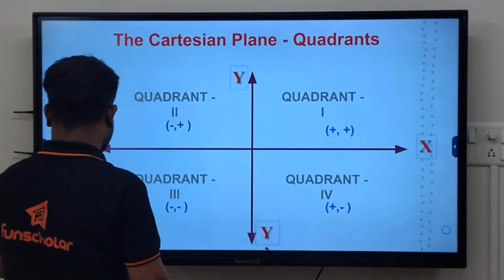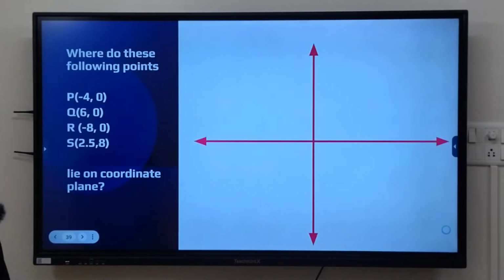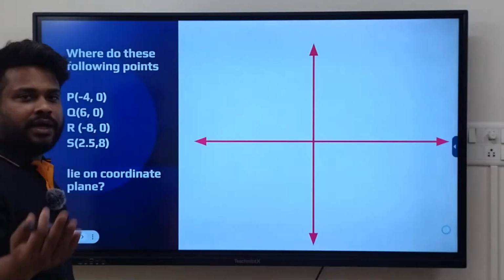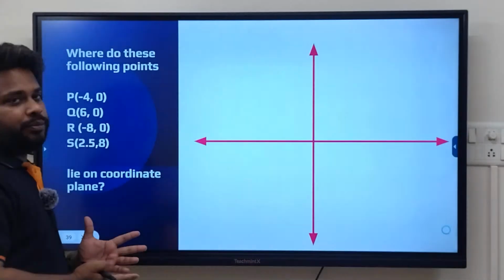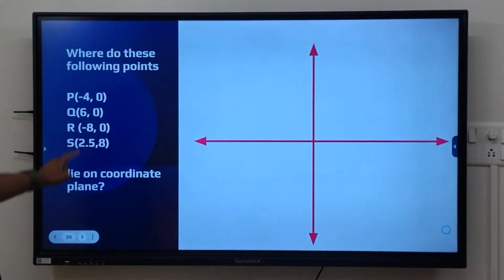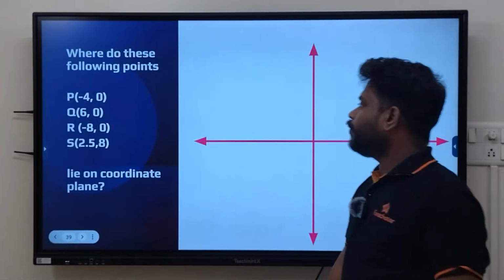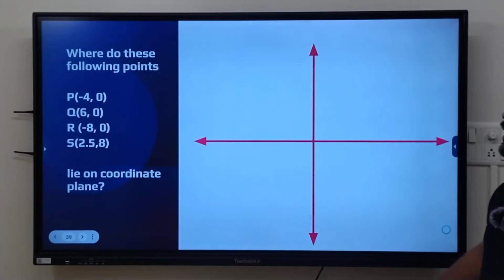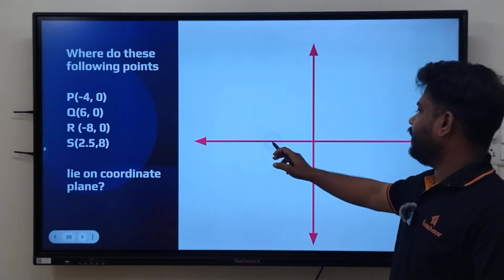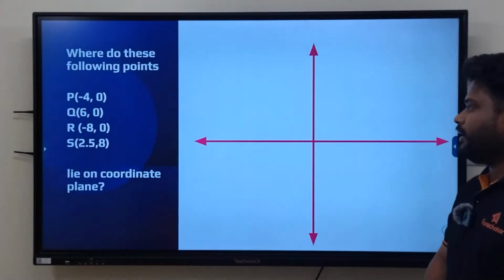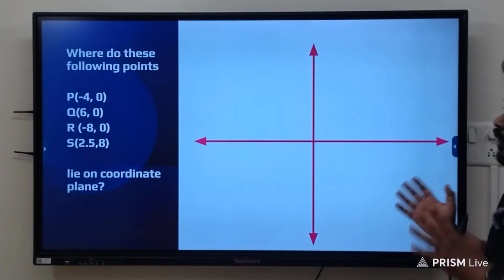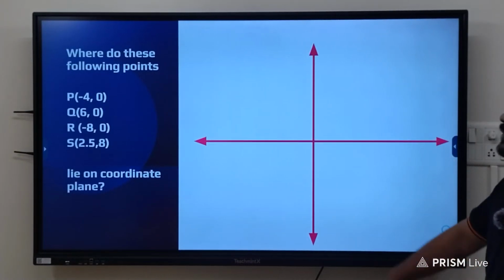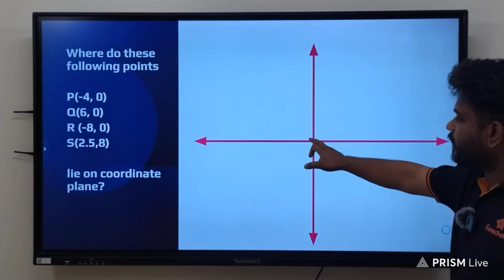Let's go to the next one. Where do these following points lie? Try to do it with me. The first one is P, that is minus 4, 0. So it will be here. Try to do it all by yourself.